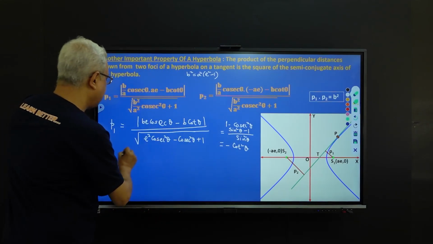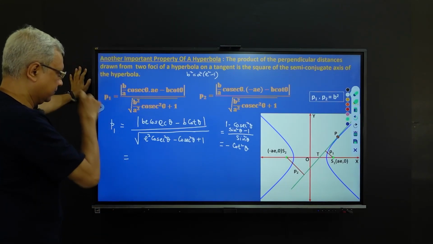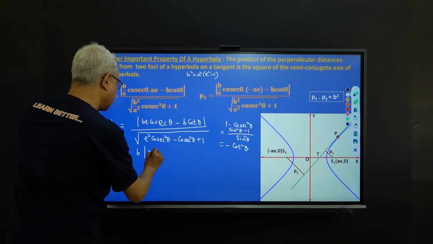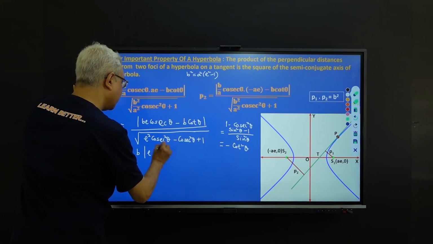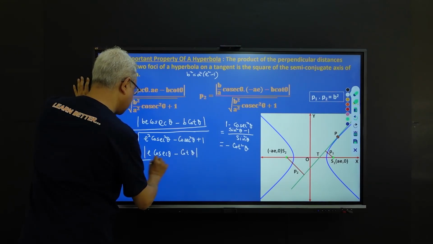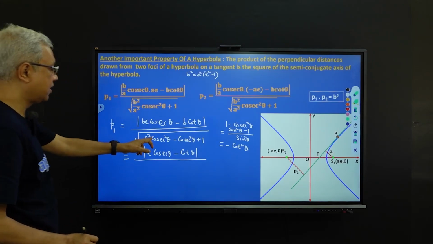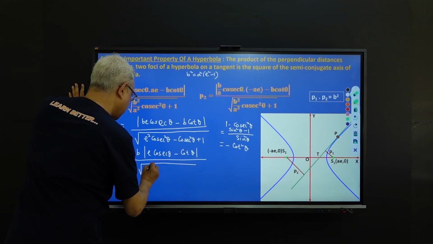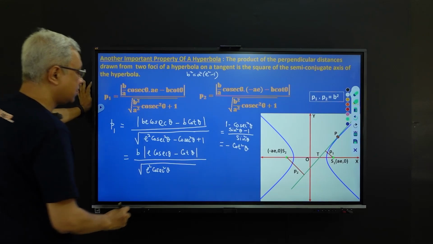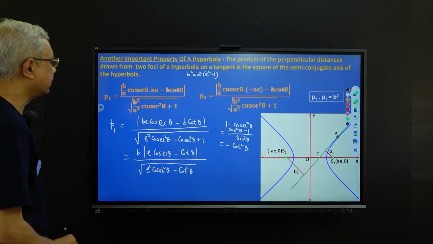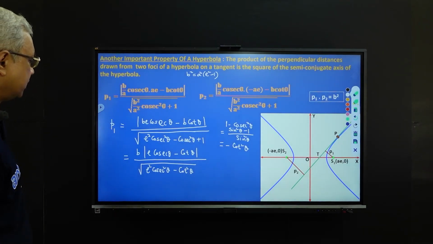Okay, so from here, if I take this thing out, it is e cosec theta minus cot theta, and here it is square root of e square cosec square theta minus cot square theta. Okay, so this is the expression for P1.